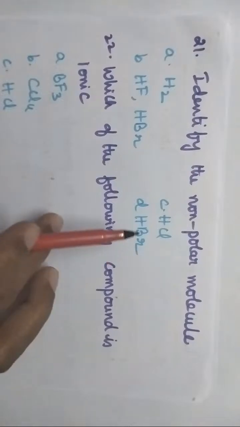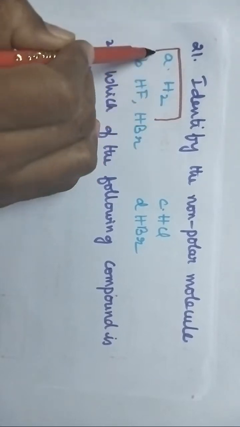If you do not have any idea about the given options, you have to pick up the odd one out. HCl, HBr, HF, all these are similar molecules. So without having any knowledge, I will pick option A.